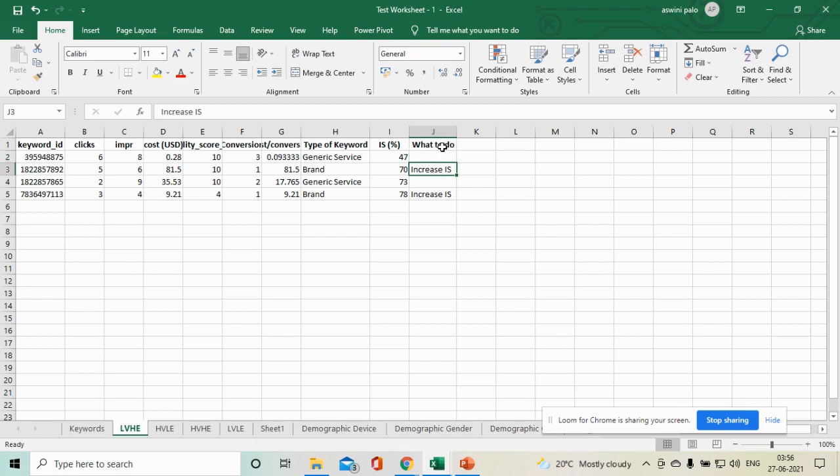So you can go for impression share for these two keywords, and for this keyword you can bid a little bit higher. Even if you are on enhanced CPC or target CPA, you can tell Google to increase the numbers. So here there is a possibility to increase the bid value or keep it constant.